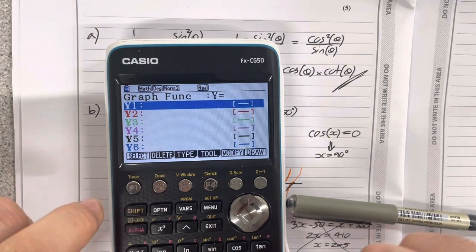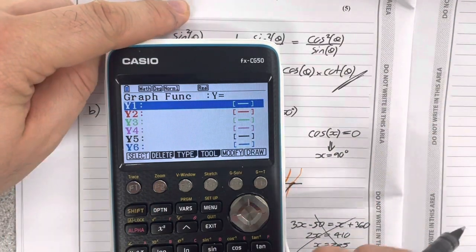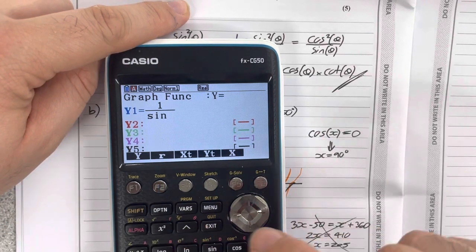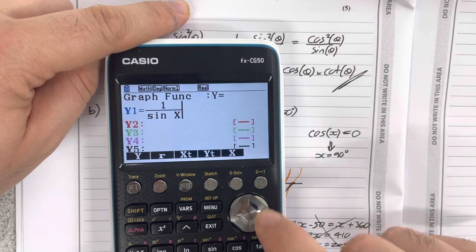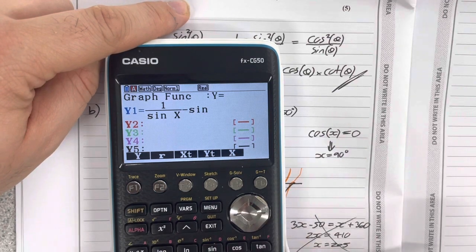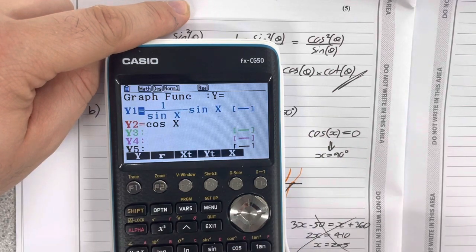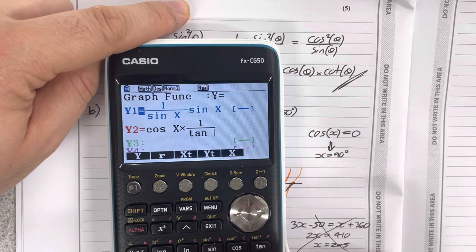So let's delete that one. So I want 1 over sine of x minus sine of x. And I want cos of x times 1 over tan of 3x minus 50.